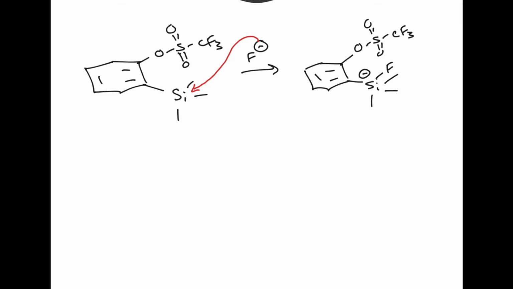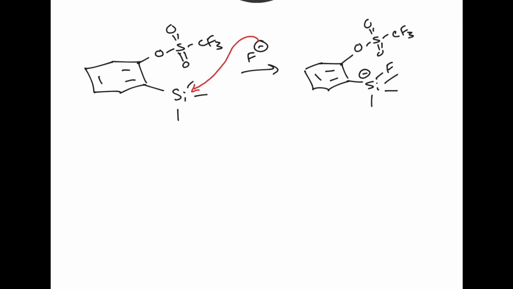Now, silicon doesn't want to have this negative charge. It would much rather just have 4 bonds, but it's not going to give up its bond to fluorine now. It's got this bond to fluorine, it's done. You're not getting the fluorine off the silicon. So it's got to have some way that it can get rid of some electrons so it can go back to being neutral.